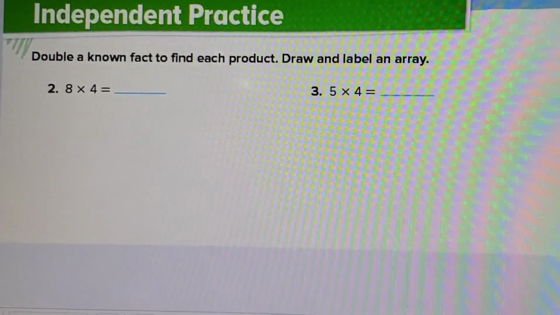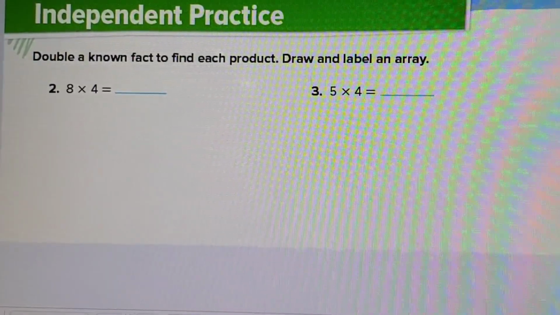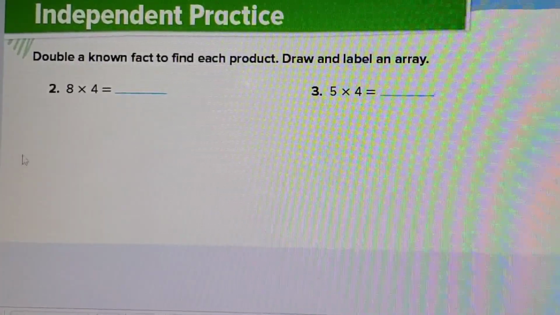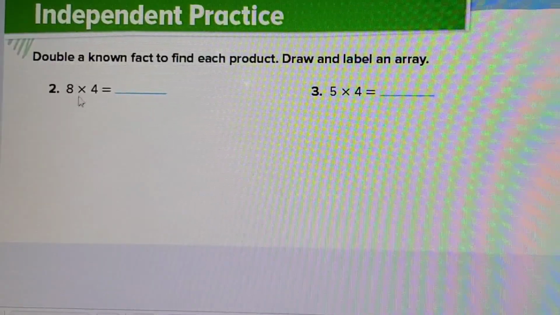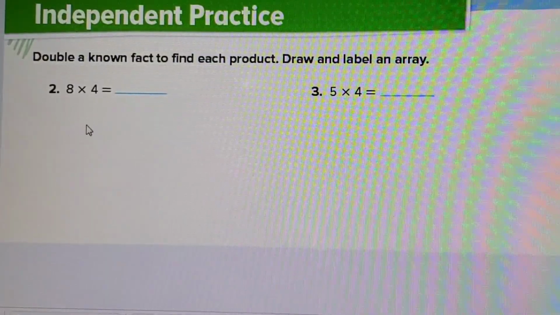Now we're on independent practice, page 385. Double a known fact to find each product. Draw and label an array. On problem number 2, we're going to decompose the 8. So you'll draw 4 rows with 4 in each row.